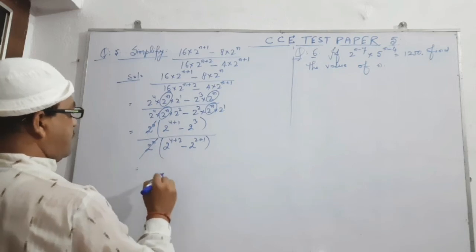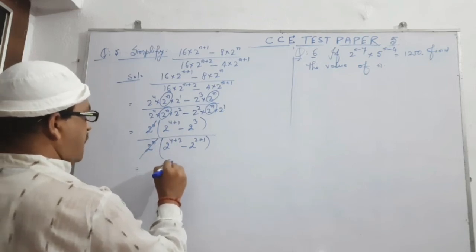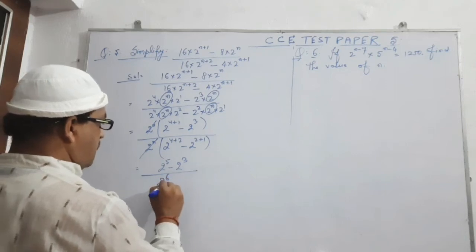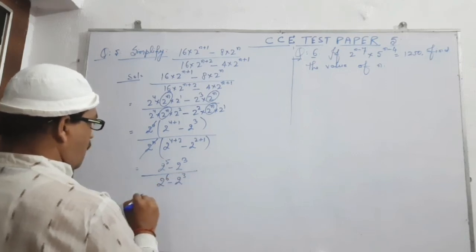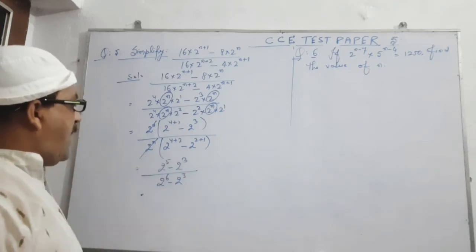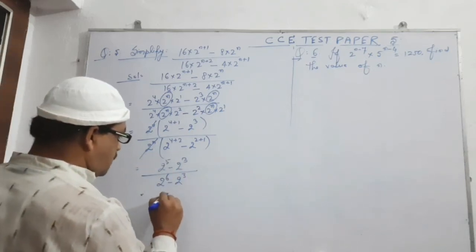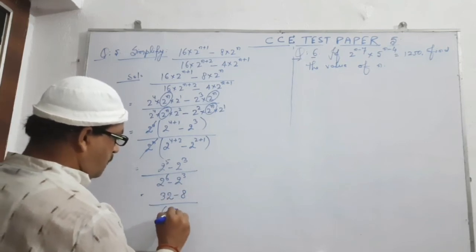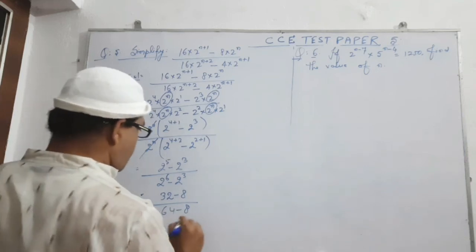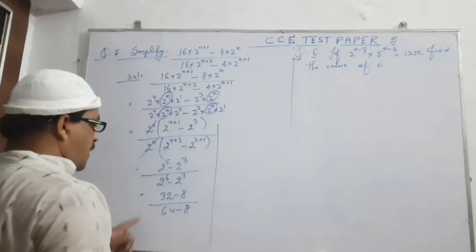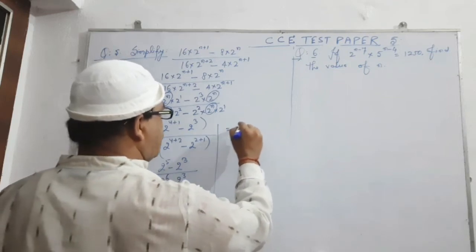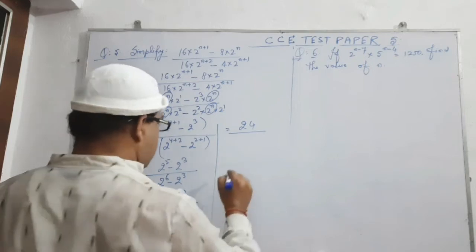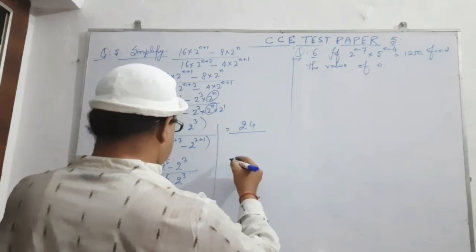Both will be cancelled, and we get 2 to the power 5 minus 2 to the power 3 by 2 to the power 6 minus 2 to the power 3. When you write down the value of 2 to the power 5, it means 32 minus 8 by 64 minus 8. 32 minus 8 is equal to 24, by 64 minus 8 is equal to 56.